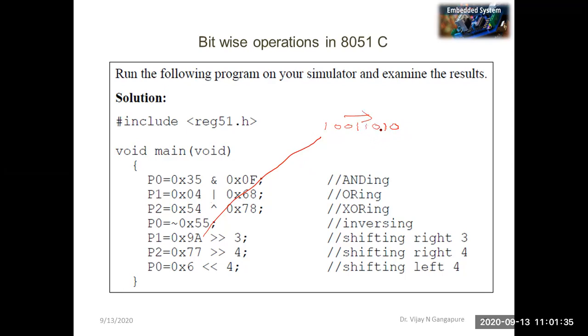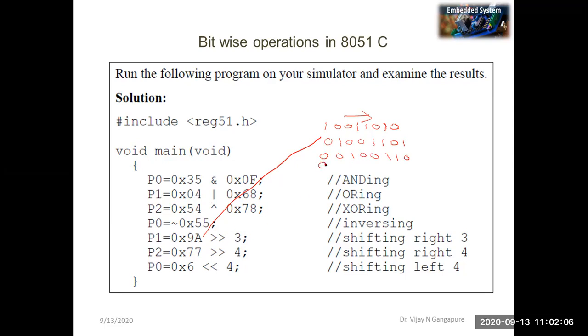So due to first shift, what will happen? This whole data will get shifted, means data will become 0 1 0 0 1 1 0 1 after a single right shift. Then again one more shift, that will shift this data towards right. So 0 0 1 0 0 1 1 0, and one more shift because it is being shifted 3 times.